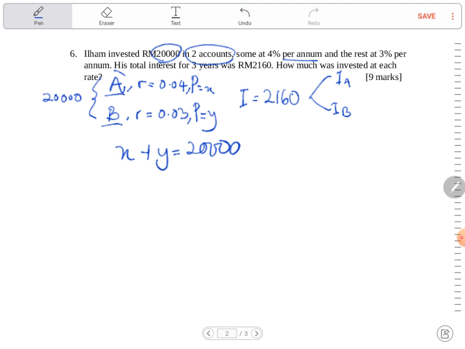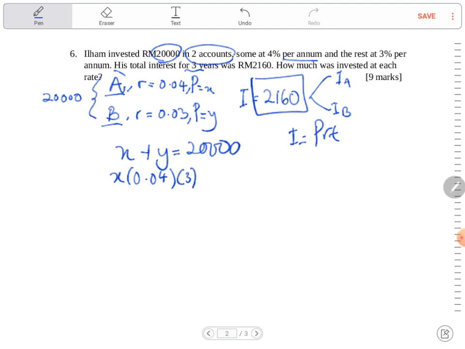And then do we have any more information? Yes, we have the interest, sorry. Because it's simple interest, we have a formula for interest, right? Which is interest for the simple interest adalah PRT. Betul tak? So for PRT, we can apply for each account. So for account A, the P is X, the R is 0.04, the T is, sorry, how many years? 3 years.